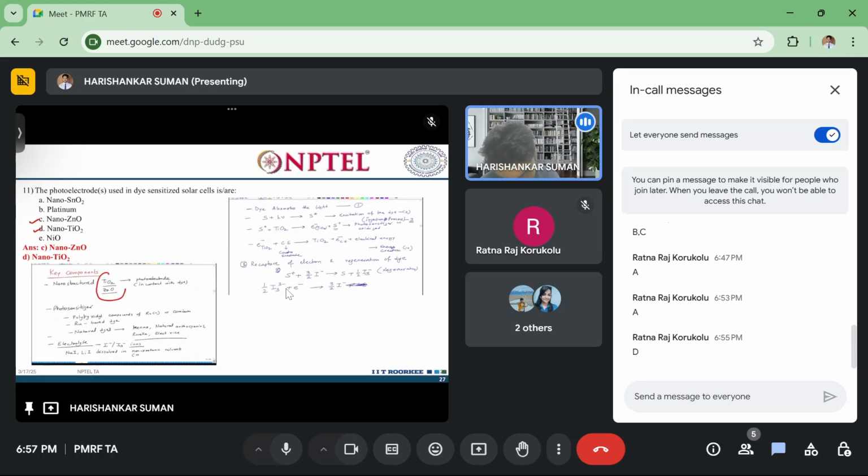So you can see photoelectrode, TiO2 and ZnO are generally used for DSSC. Okay.